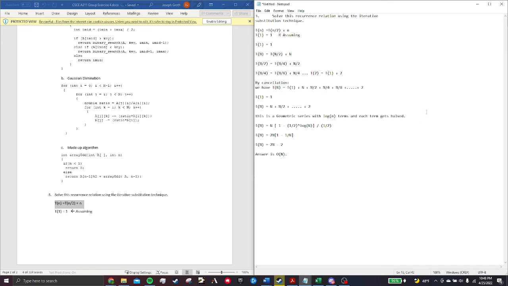So basically it gives us a geometric series with log n terms, which is pretty easy, which makes the math here at the end a lot simpler to do.